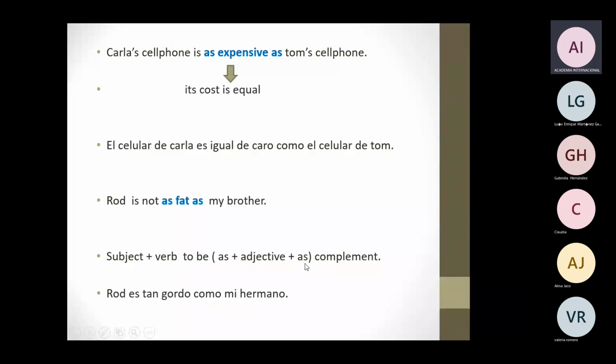As, adjective, as, and then a complement. Es como decir, él es igual de gordo como mi hermano, o es tan gordo como mi hermano. So, estoy comparando, ¿verdad? I'm comparing something.